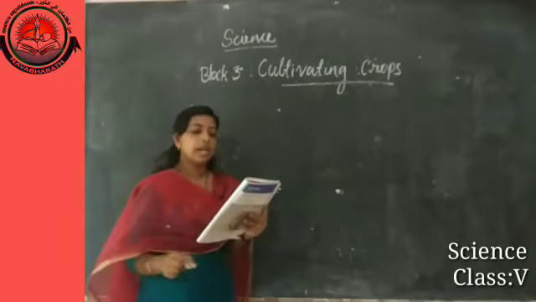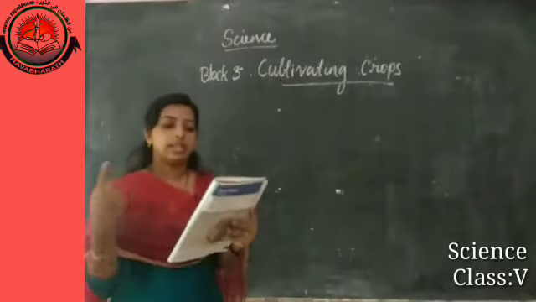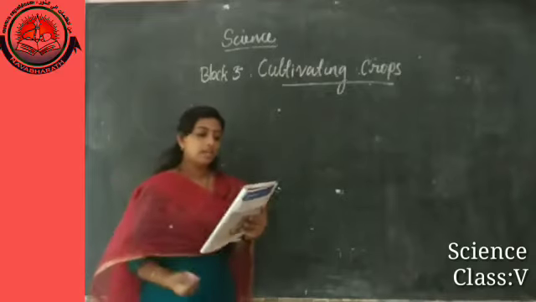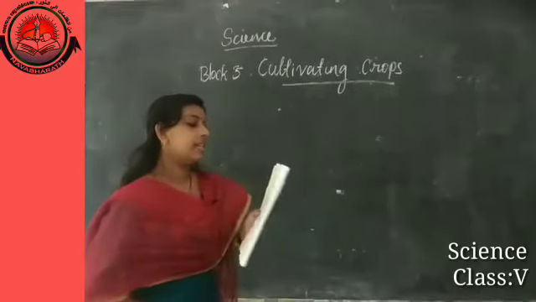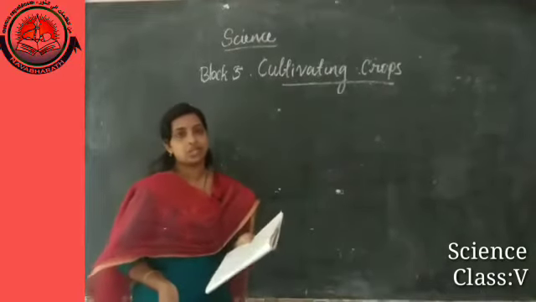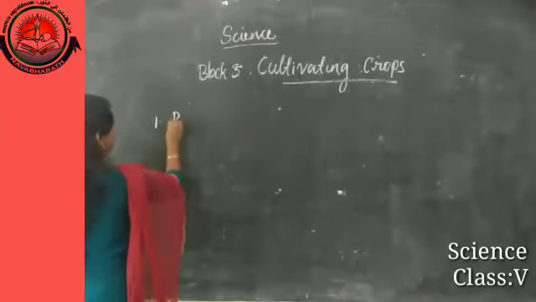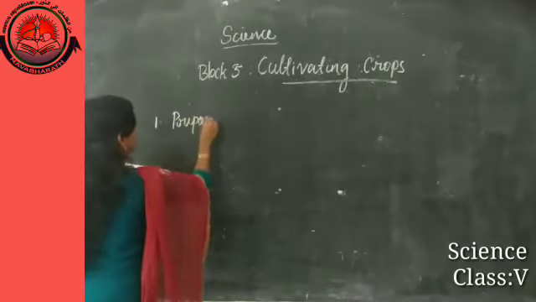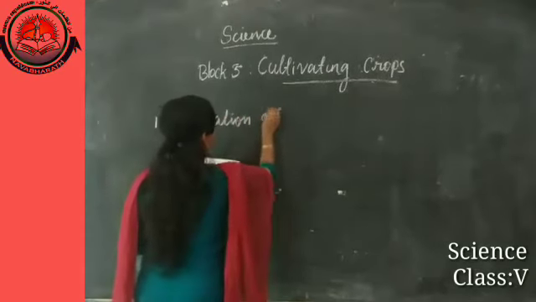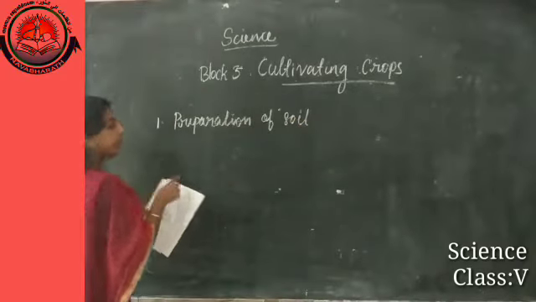After sowing, manuring, then irrigation, then harvesting, and the last thing is sending the crops to the sugar factory, right? So we can write here, first one is preparation of soil. Like a flow chart you have to write it in your notebook.